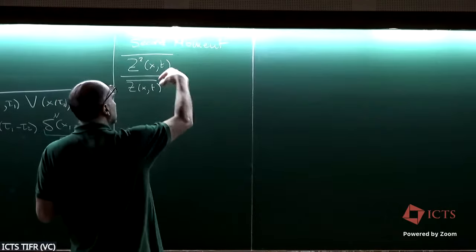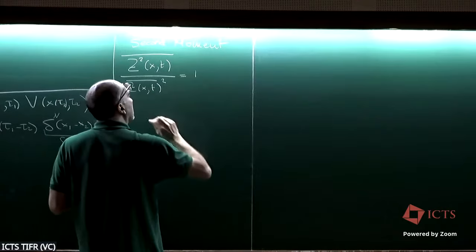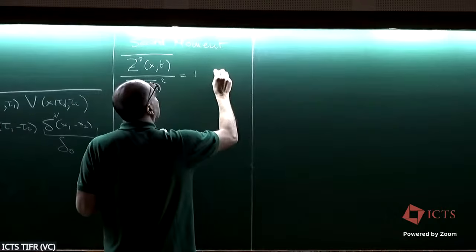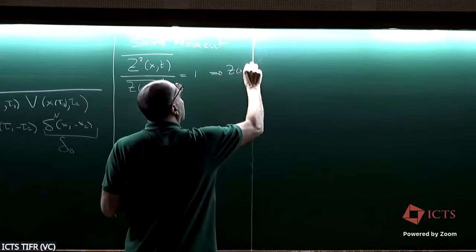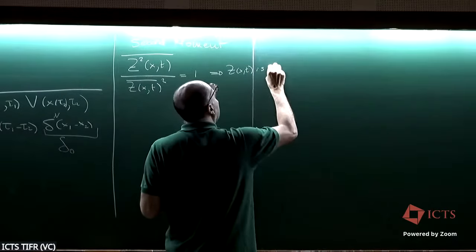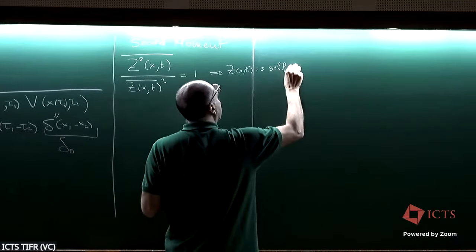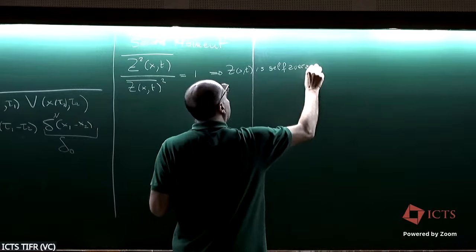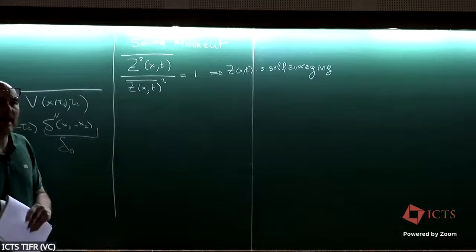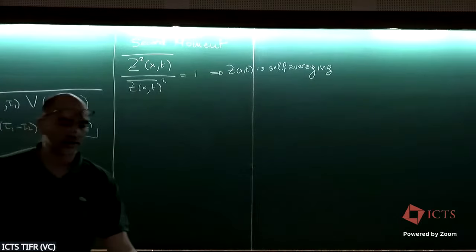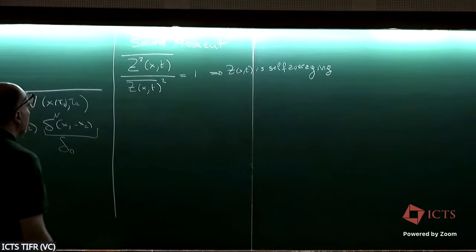Okay, this object, if it is 1, then zxt is self-averaging. Annealed and quenched coincide, and essentially there is no strange phase.